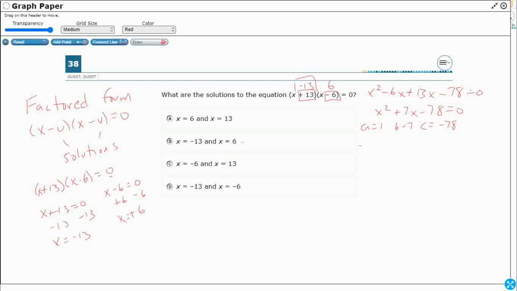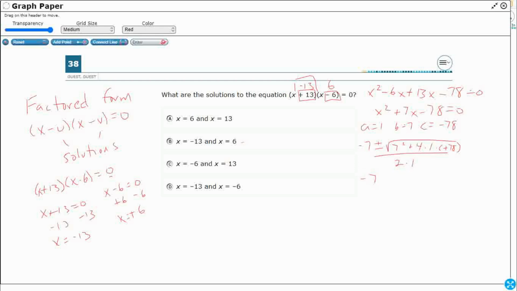And we would say negative b, or negative 7, plus or minus the square root of 7 squared minus 4 times a, which is 1, times my negative 78. So it's going to end up being a positive, over 2a, or 2 times 1.